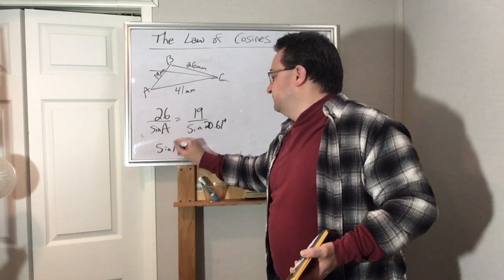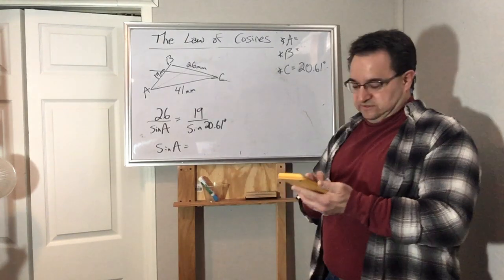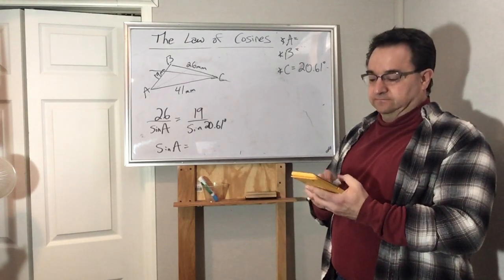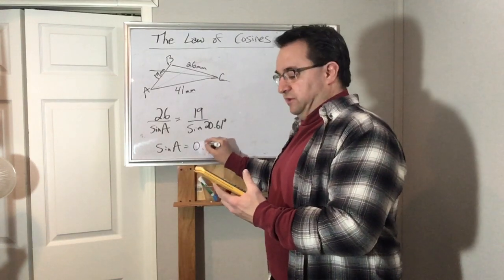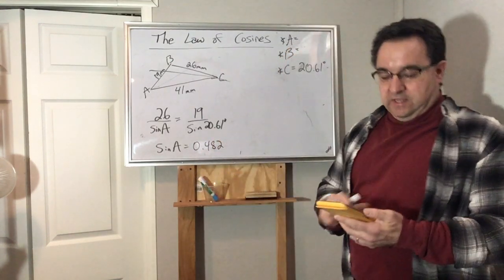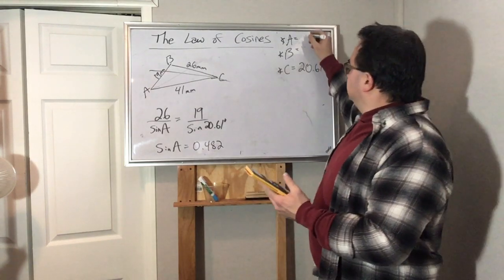So sine of A is going to be 26 times sine of 20.61 divided by 19.2, 0.482. I inverse sine that.